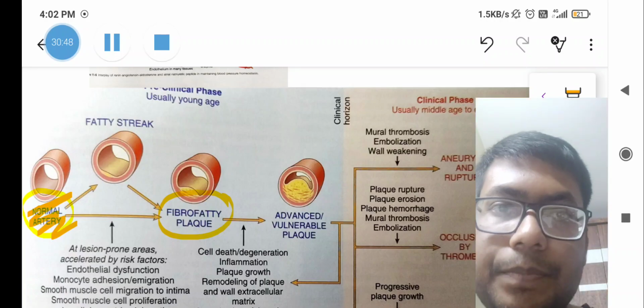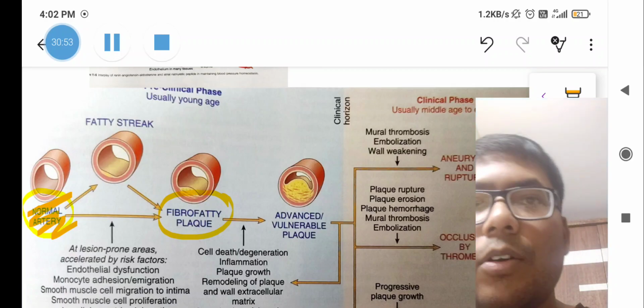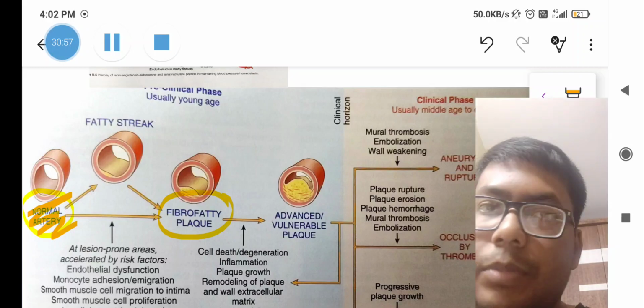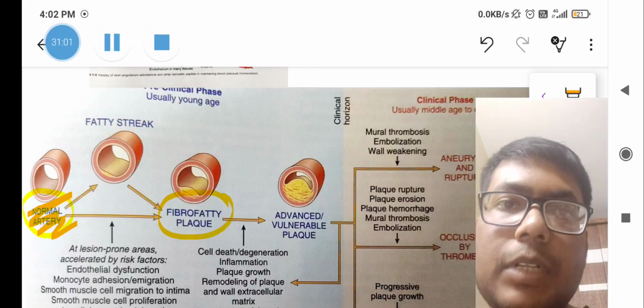A normal artery can directly convert into fibrofatty plaque, or it goes through a path where it first forms the fatty streak, and after that it forms the fibrofatty plaque.